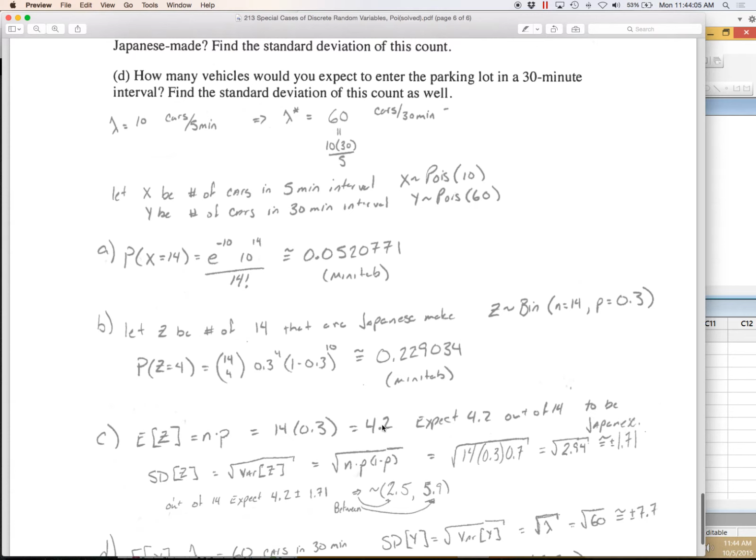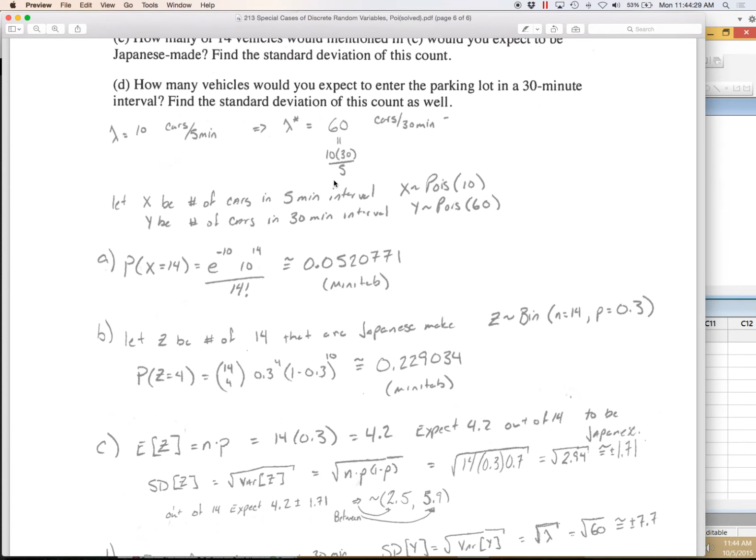Okay, so what this is saying is if I take this expected number, 4.2, and add and subtract 1.7, then I'm saying in between 2.5 and 6-ish cars I would expect to be Japanese. If I had to say one number, I would say 4.2 are expected to be Japanese, but somewhere in between 2.5 and 5.9.